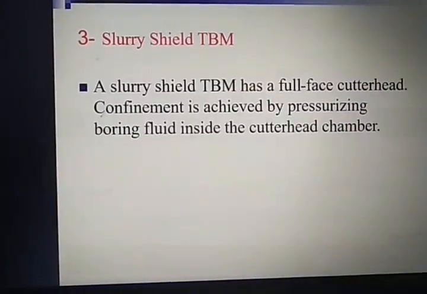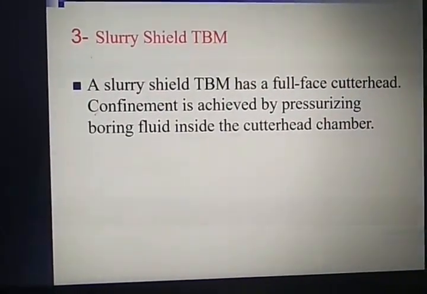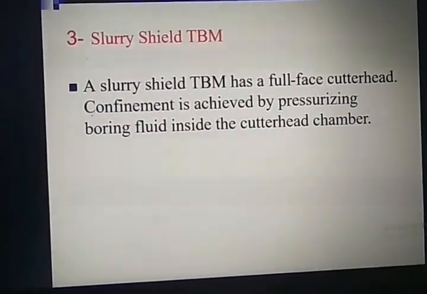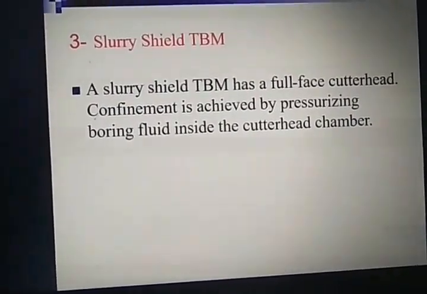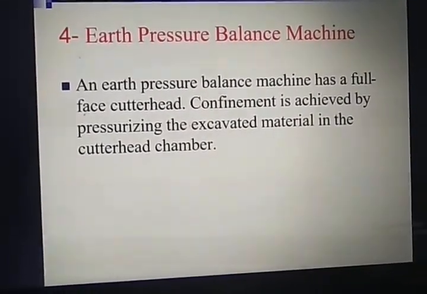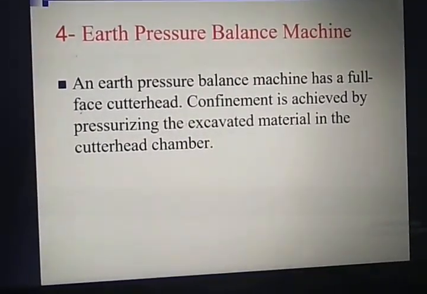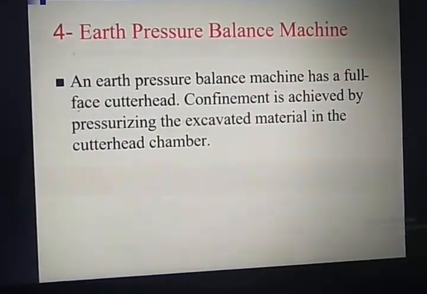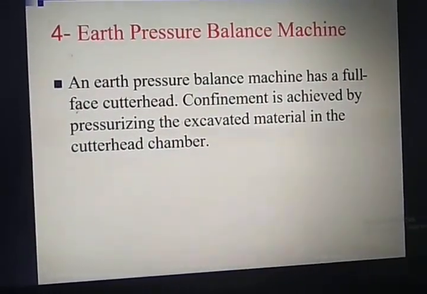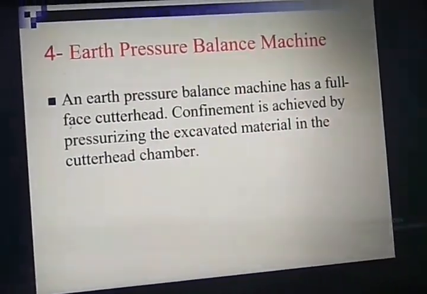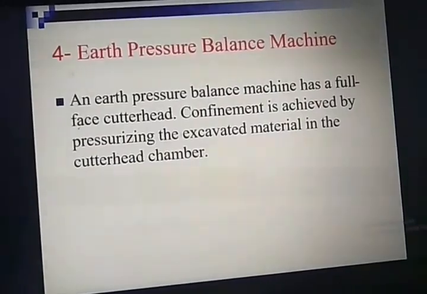Then slurry shield, so in place of the air, here the fluid we are putting into that. Okay, so next one, earth pressure balance machine, and the earth pressure balance machine has a full face cutter head. Confinement is achieved by pressurizing the excavated material in the cutter head chamber. Whatever the excavated material itself we are putting into that one.